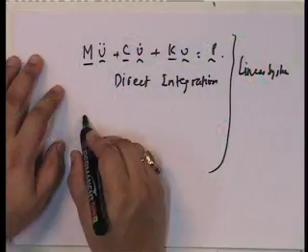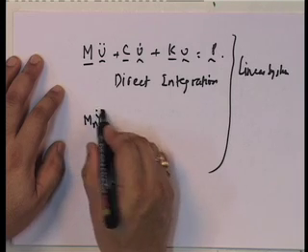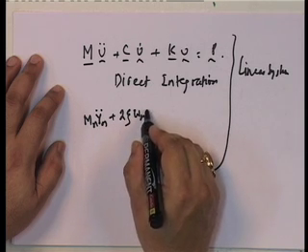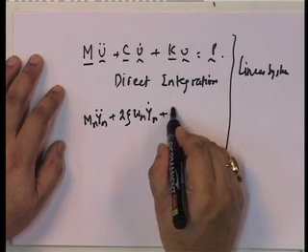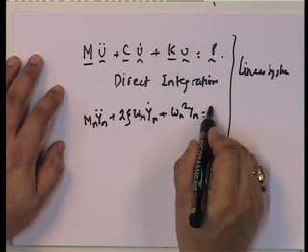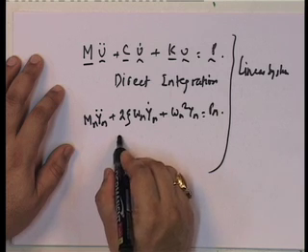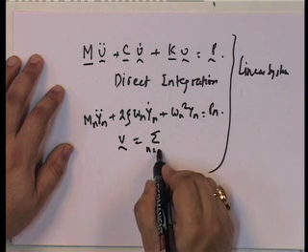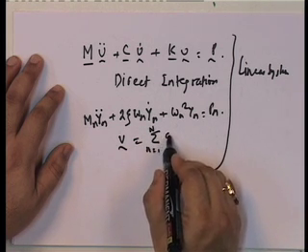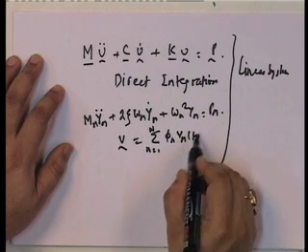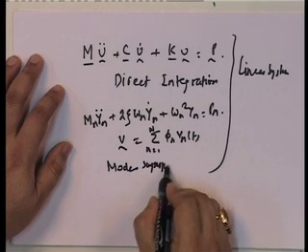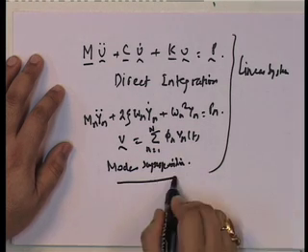And the other is mn yn double dot plus 2 xi omega n yn dot plus omega n squared yn equals Pn, and then saying that V is equal to the summation n going from 1 to n of phi n yn of t, which is mode superposition.